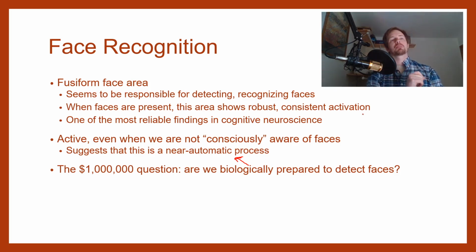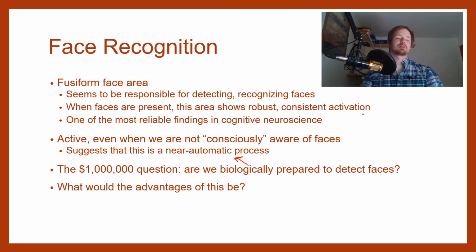Whenever an organism can recognize a face apart from other things, that gives them the ability to perhaps survive or be more competitive than those that can't. And so it stands to reason that you could have a species evolve to have that capacity in their brain because it would give them an advantage.